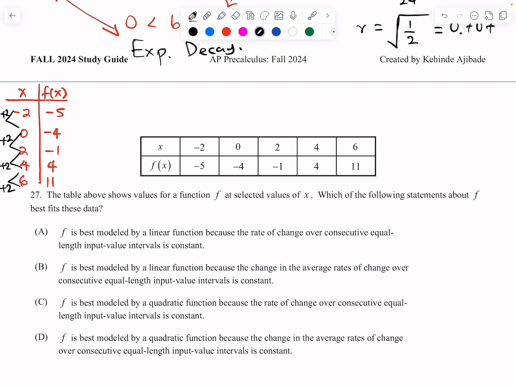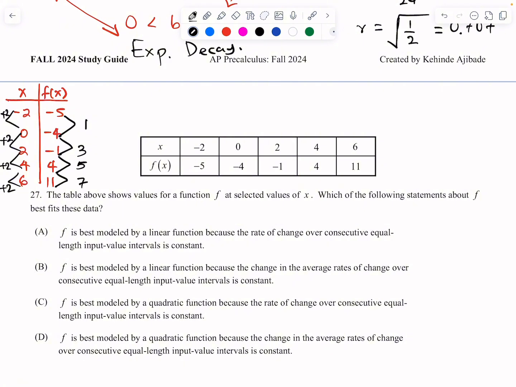And then, because I have equal length intervals, I have to do the successive difference of the output. So if I subtract, this one will give me 1. I subtract, this one will give me 3. Then I subtract, this one will give me 5. Then I subtract, this one will give me 7.